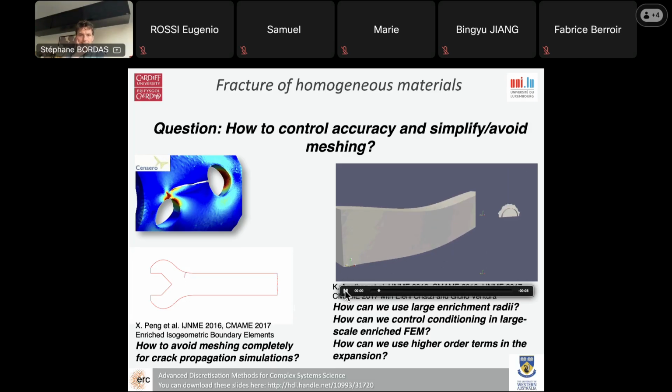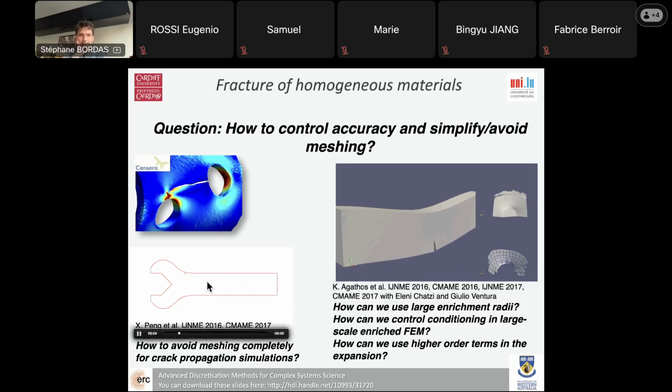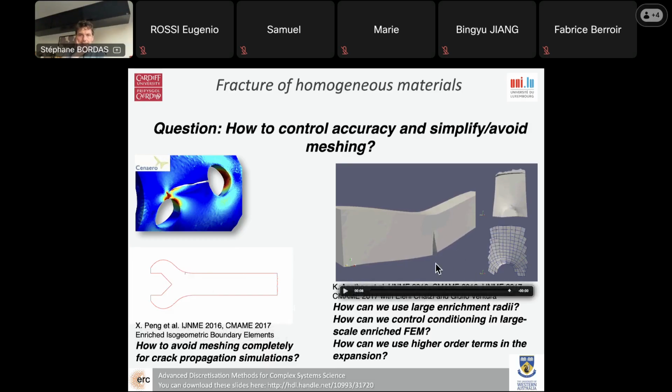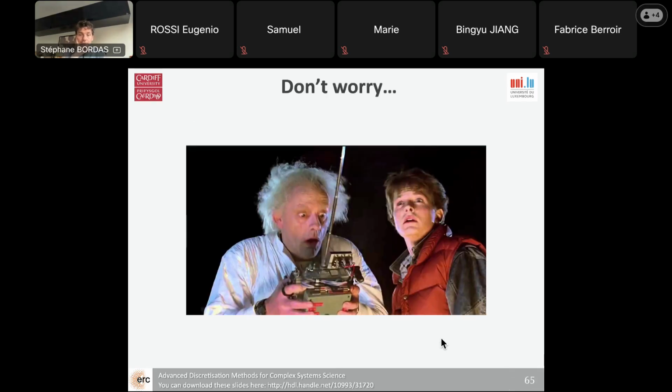So you see at the bottom left, a crack is propagating in that spanner. At the top, you already saw that before. And on the right-hand side, you see the crack propagating in a concrete beam. And that was done by Kostas, with the initial crack being this penny-shaped crack that you see here. And so now the question is, how do you do that?